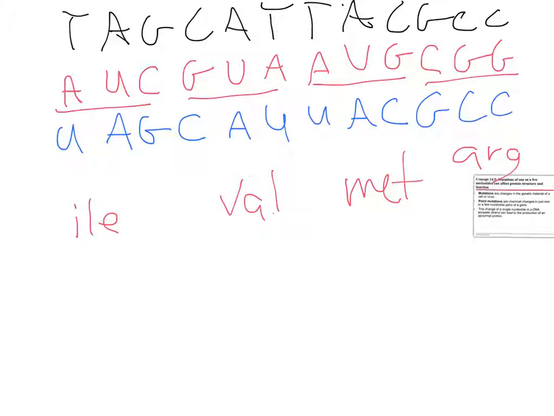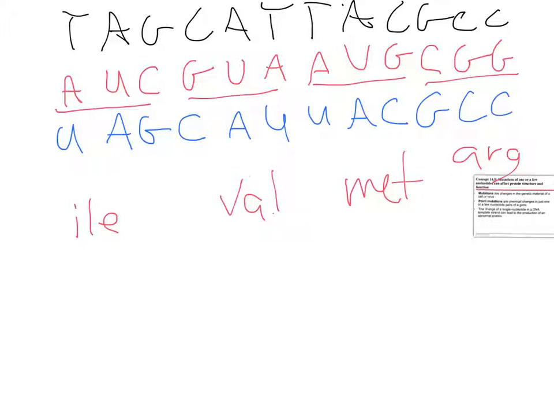Now, that is your amino acid sequence, and that is important for the production of a functional protein. Okay? So now, what happens if the ribosome wasn't started at the right point?